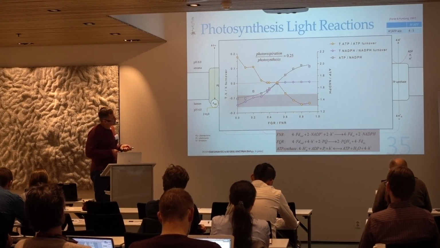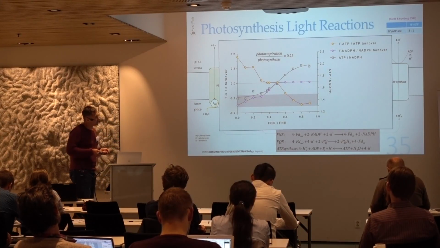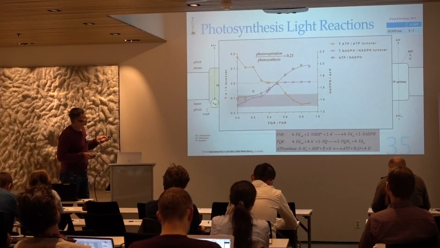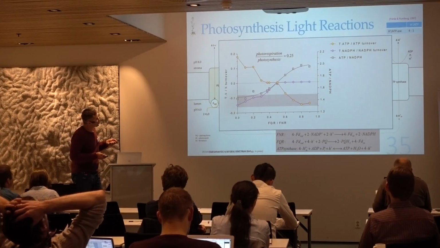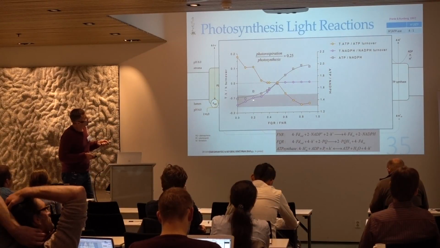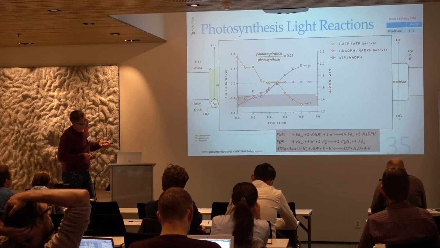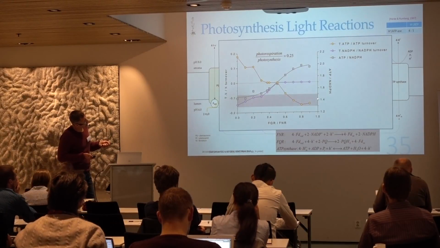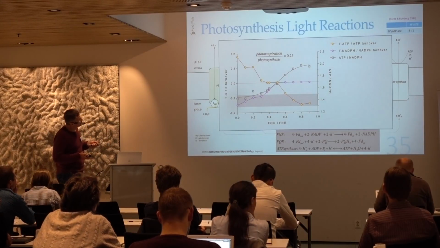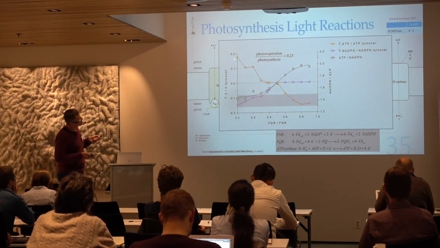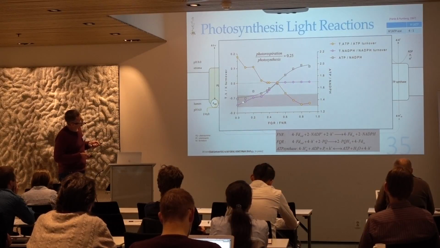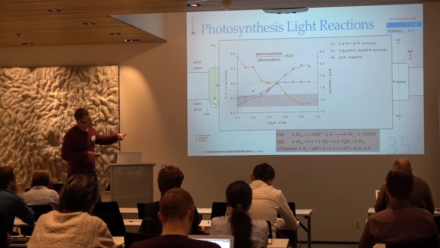So we ran the flux balance analysis on different ratios of the cyclic and non-cyclic electron flow, which shows us the turnover of ATP and NADPH in the plastids, and showed that under the experimentally observed ratios of ATP and NADPH, which is around 1.4, 1.5, the system must export ATP from cytosol and import NADPH via the malate shuttle to mitochondria.